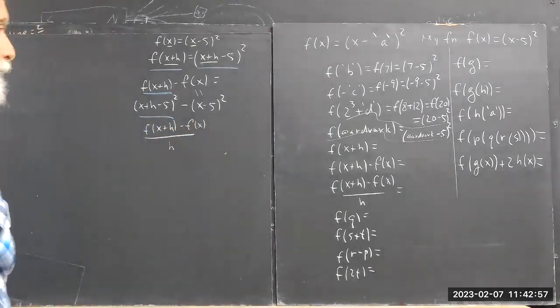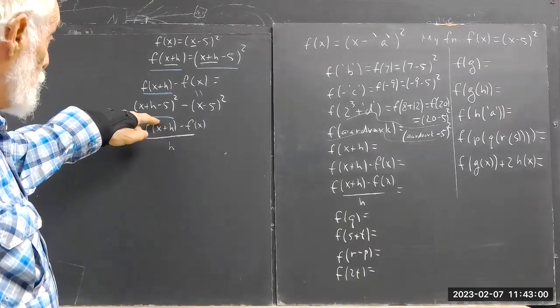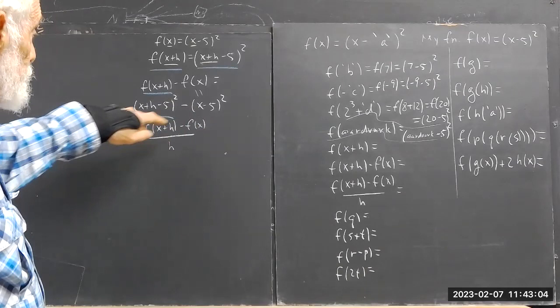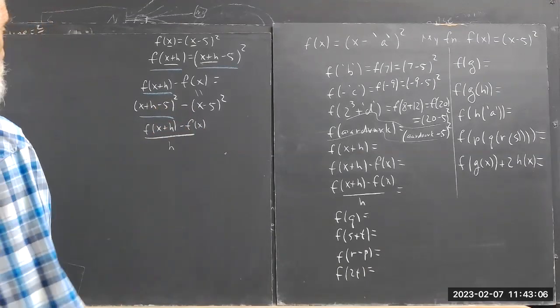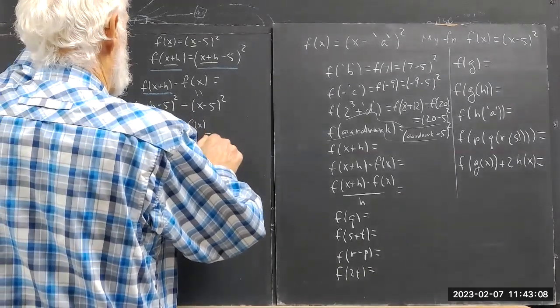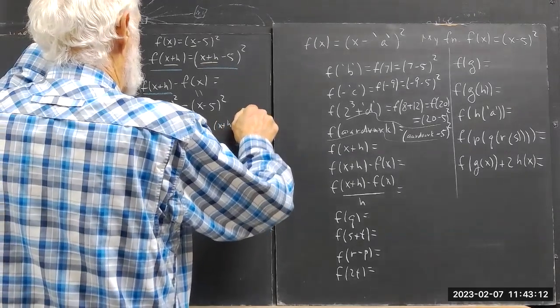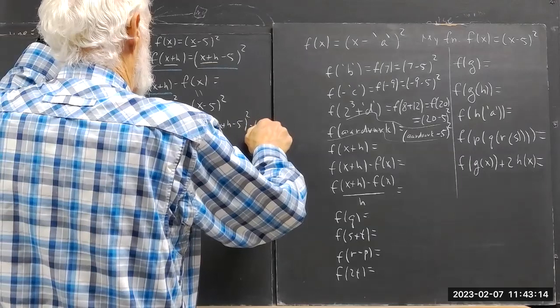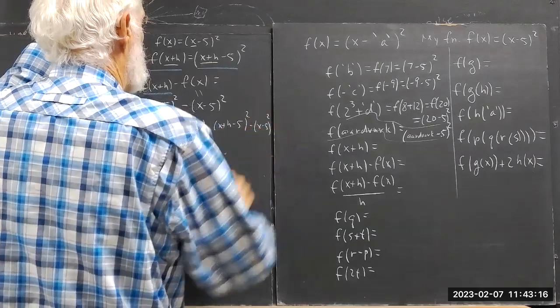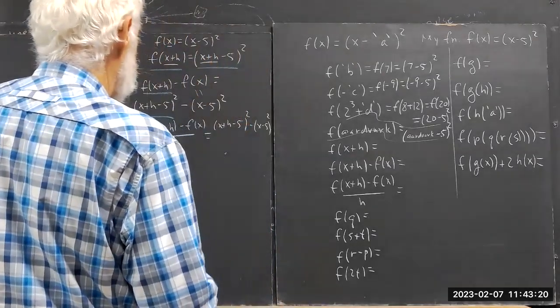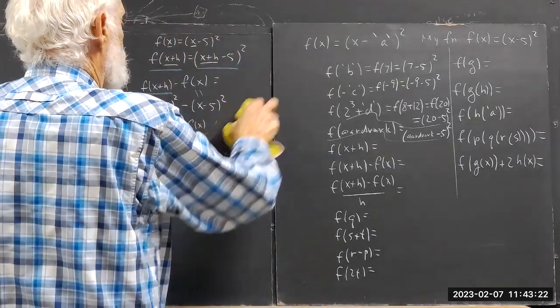Minus f of x over h. Now that h doesn't go in here, it doesn't go in here. F of x plus h minus f of x is just... I wrote that too small. Let me read that. Trying to conserve board space.